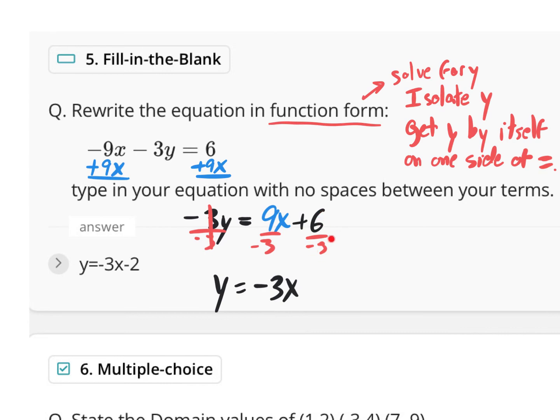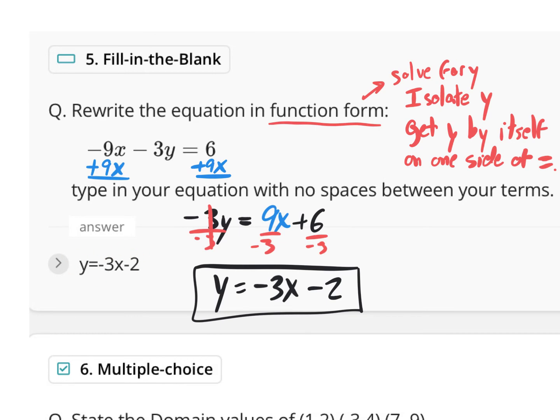And 6 divided by -3 is -2. This is my final function form equation. y is by itself. In the future, this will be called slope-intercept form, but right now, function form is getting y by itself, and that's my answer. Type it in with no spaces between your terms. As you see here: y, no space, equal, no space, negative sign, no space 3, no space x, no space minus, no space 2. No spaces between your terms.